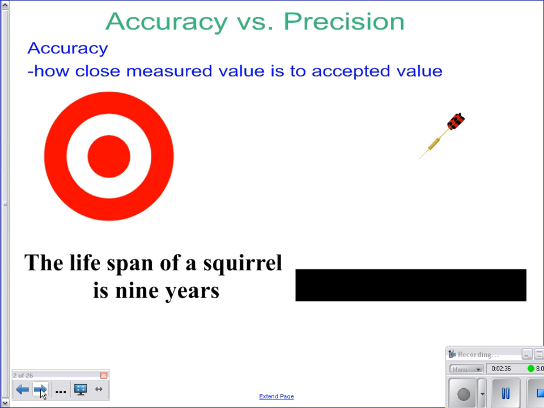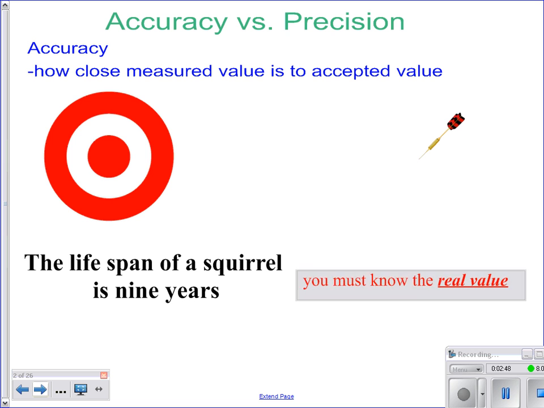In order to judge how close it is, you actually have to know what the accepted value is. If I said the lifespan of a squirrel is 9 years, well, who really knows? You have to know the real value. That might be accurate, it might not be, but you have to know the real value. Another way to think about accuracy is with a dartboard.